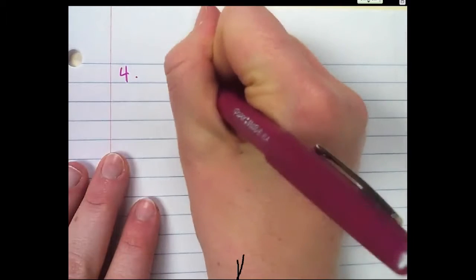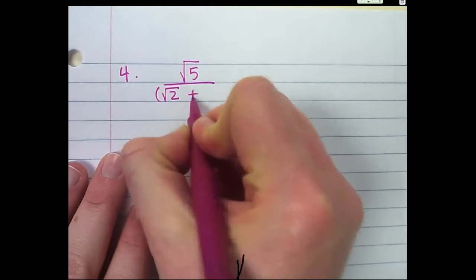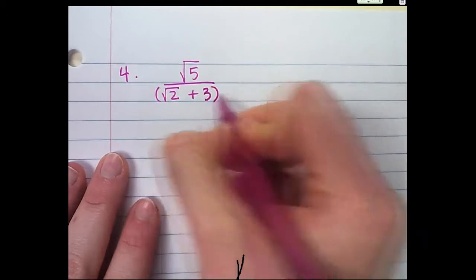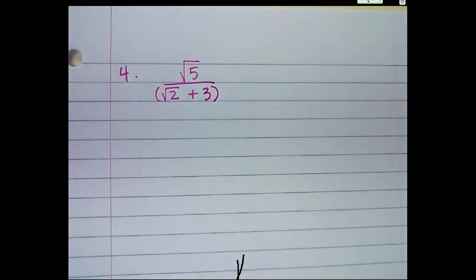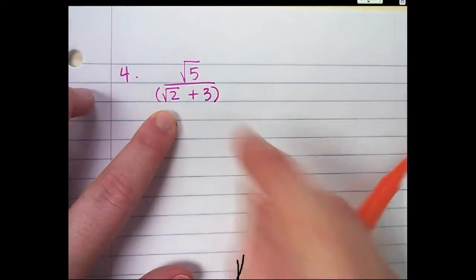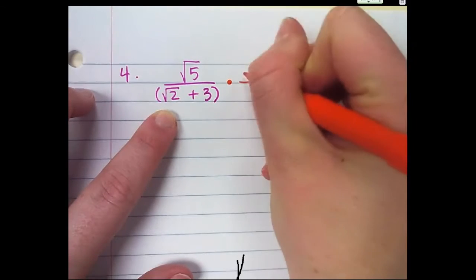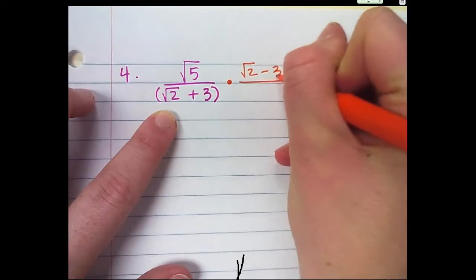Square root 5 over square root 2 plus 3. So I have a binomial on the bottom, so what do I multiply by? Square root 2 minus 3.